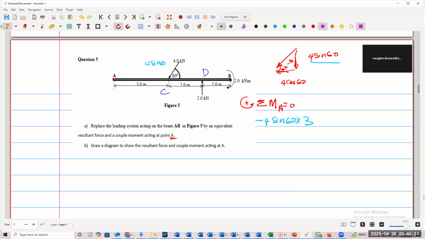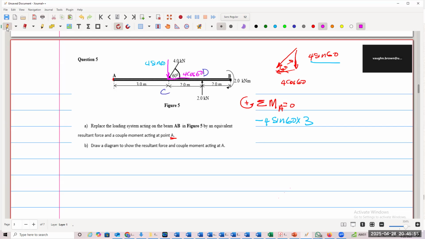One is acting down in the negative y, and there's one in the x right here. The horizontal one is 4 cos 60, and the vertical one is 4 sine 60. They're acting from right here, C. So when you take moment about A, for each component you need moment, which is force times perpendicular distance.